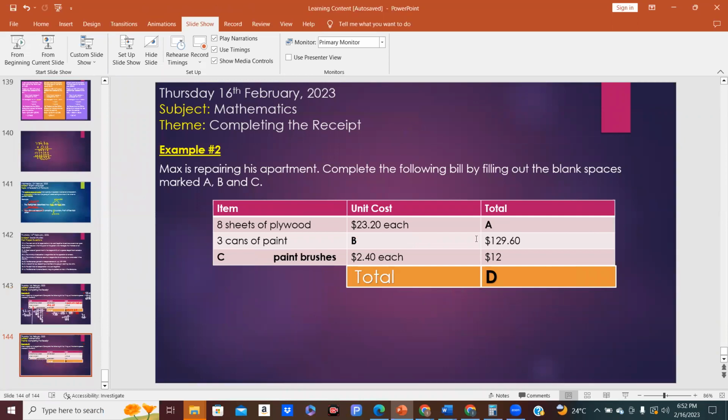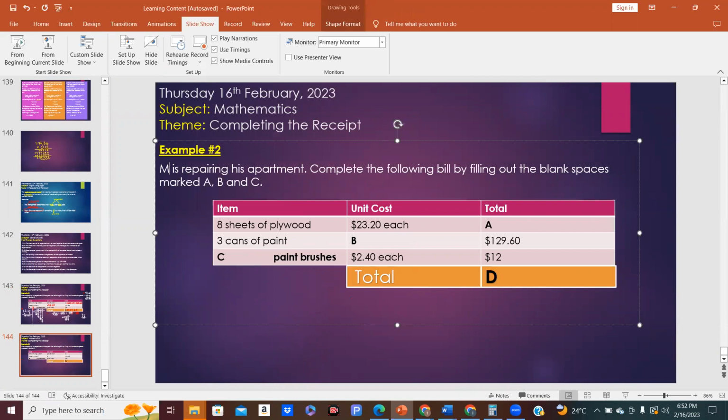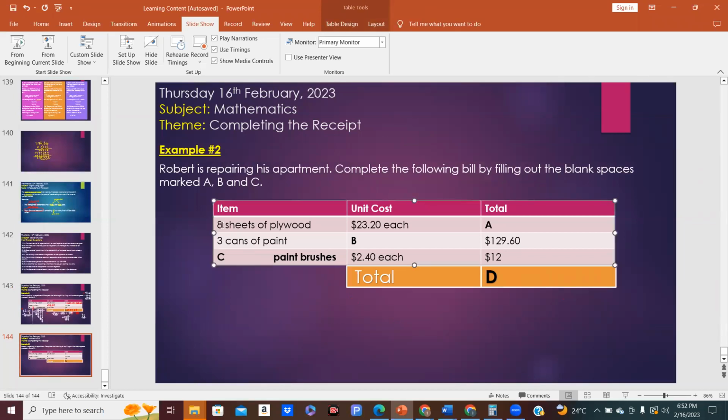I'm just going to change certain things, so please do not write it yet. Instead of Marx, we're going to say Robert. Instead of 8 sheets of plywood, let's say he got 6. Instead of 23, let's say it's 21.30.